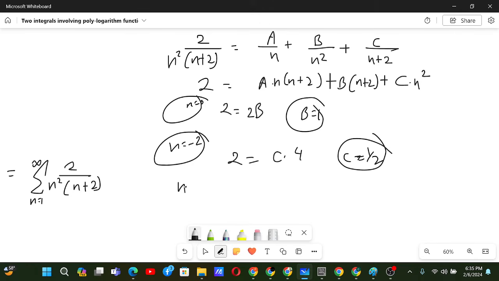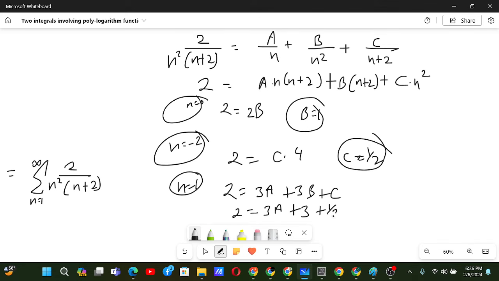Now substitute n equals 1: 2 equals 3a plus 3b plus c, where b is 1 and c is 1/2. So 3a equals minus 3/2, and a equals minus 1/2. Now we have the partial fractions.